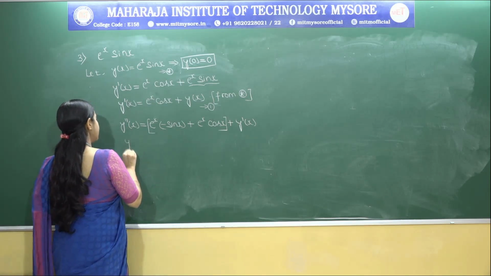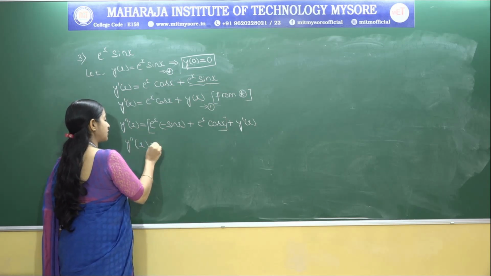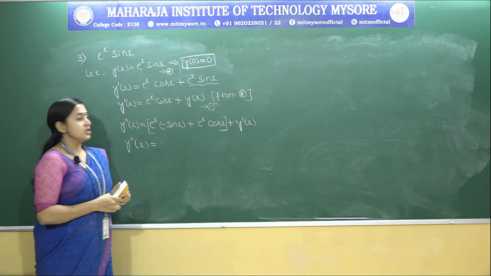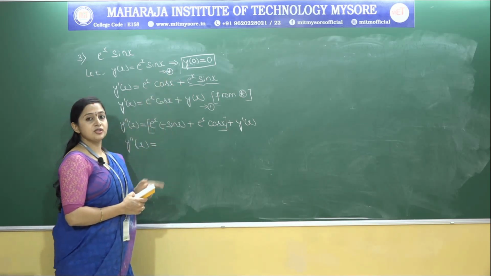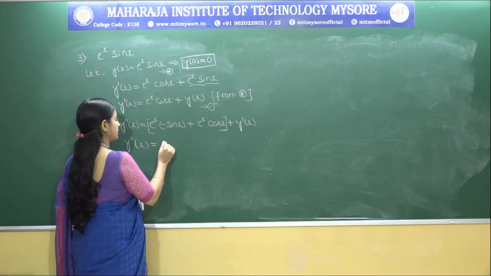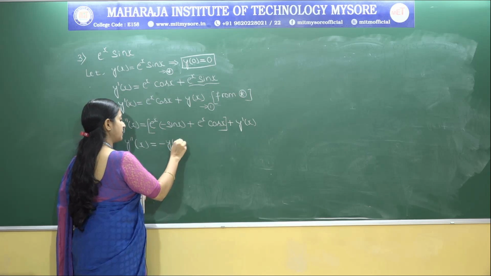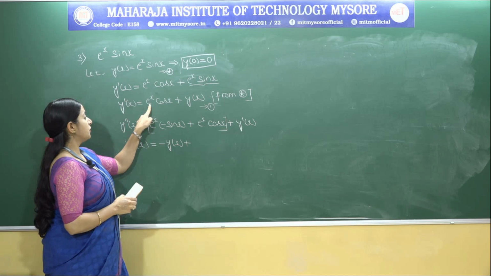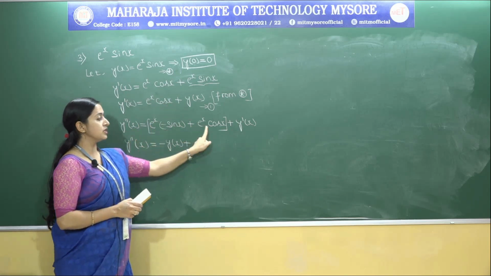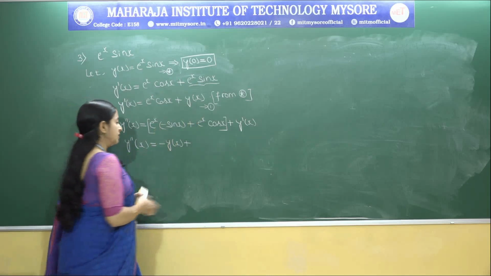Next again using the equation star and the equation 1, you can simplify this term. So using the equation star, you can write the e power x into sin x as the y of x. Since you have the negative sign, you will get minus y of x plus, from the equation 1, for e power x cos x, you can write y dash minus y of x.